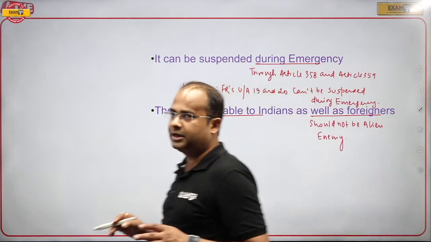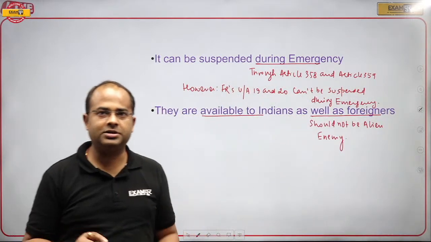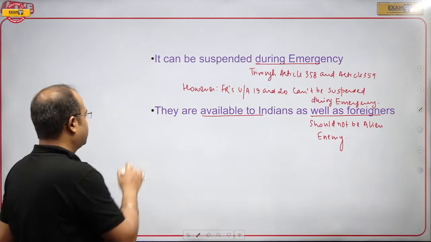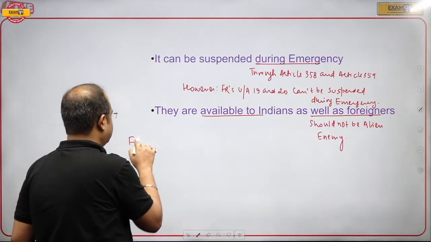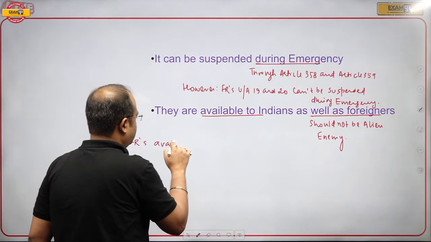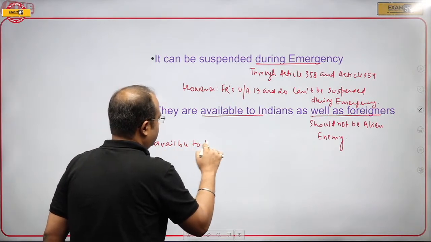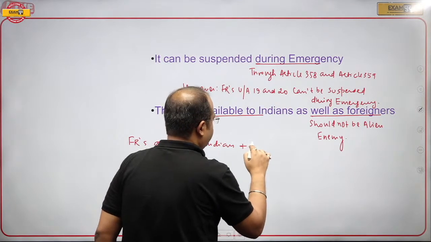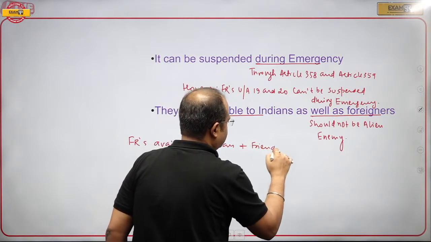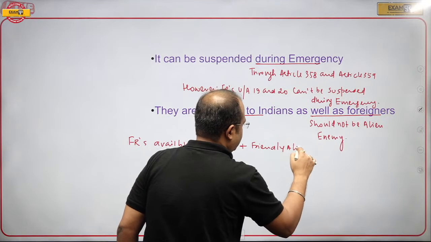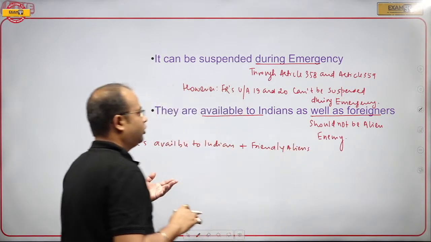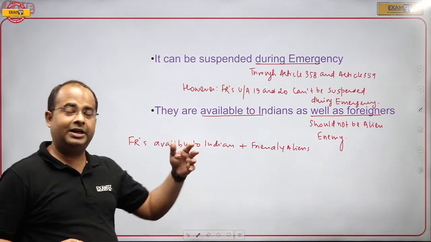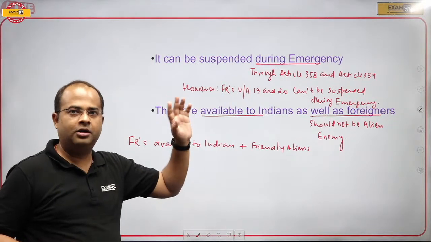Now, which fundamental rights are available to citizens and foreigners? You can note. The fundamental rights available to Indians plus friendly aliens. Alien means those persons who are not Indians. Alien does not mean that they are from outside of the earth.